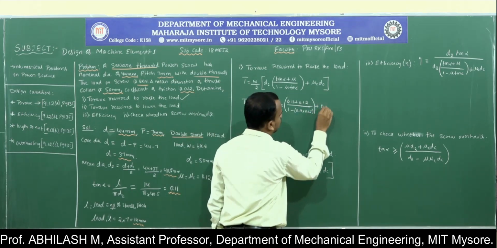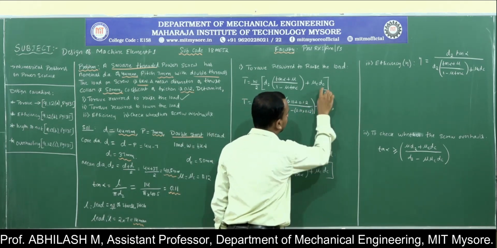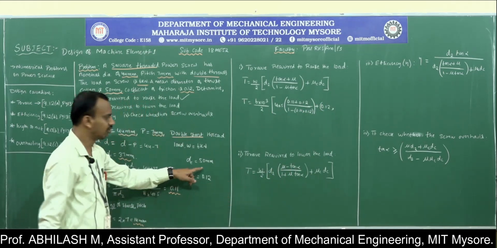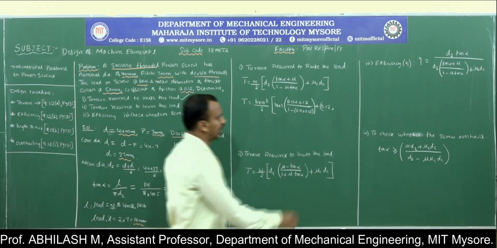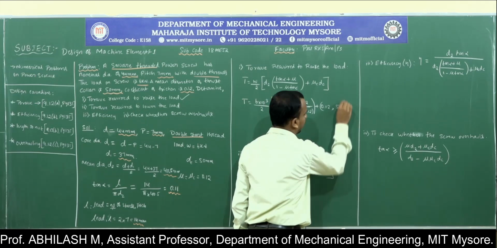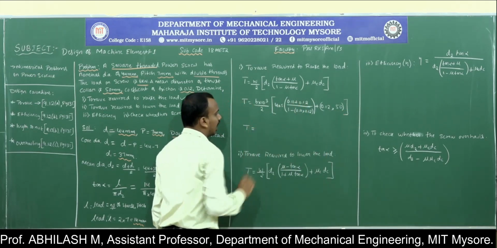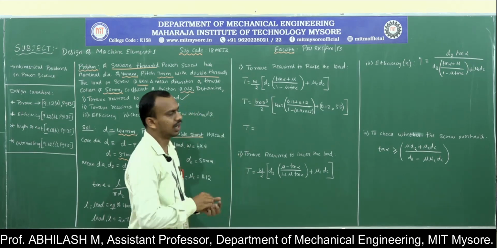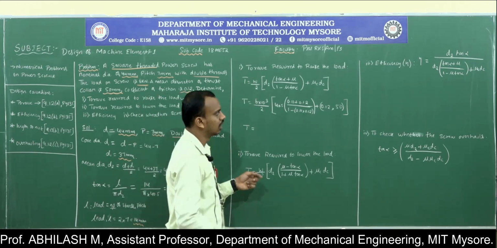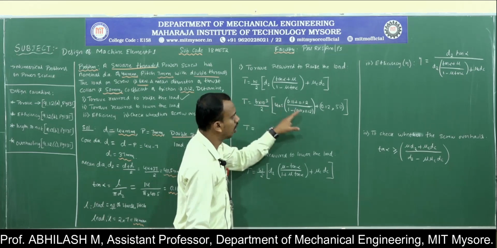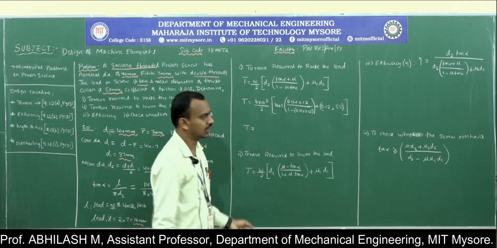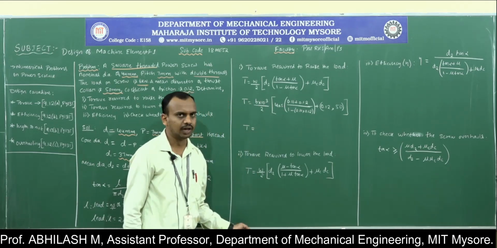Again it is 0.12 into the mean diameter of the collar. It is given in the problem as 50 millimeter. So after substituting all the values, I am going to obtain the torque that is required in order to raise the load.